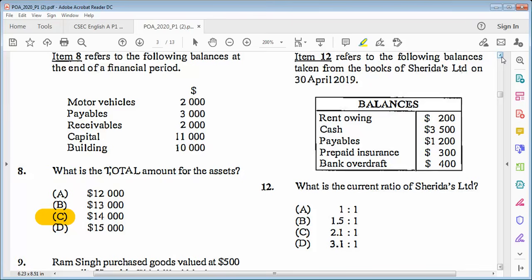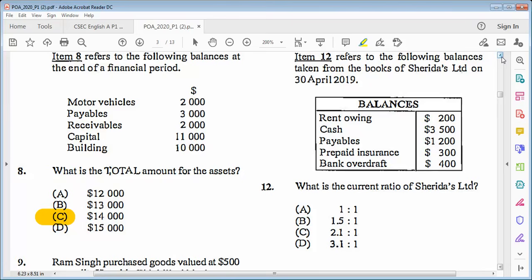So now, what is our total current assets? We have cash, $3,500. We have prepaid insurance, $300. So that is our current assets. In total, 3,500 plus 300, we get 3,800. What are our current liabilities? Rent owing, $200.